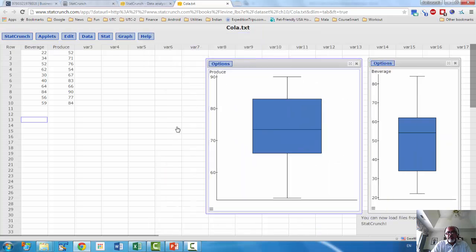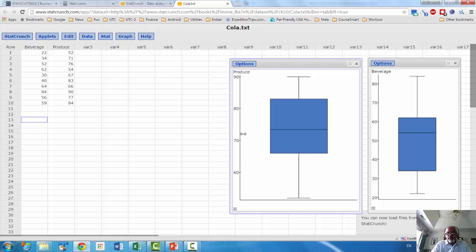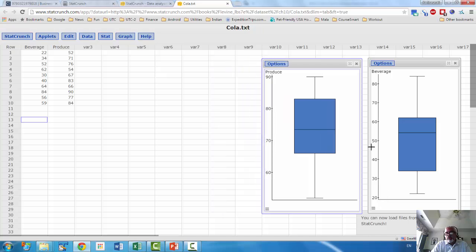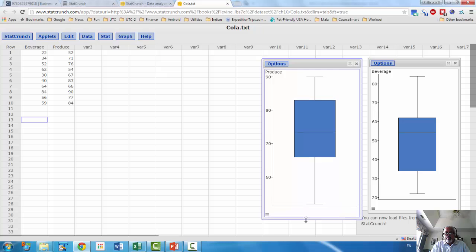Now to compare the two box plots, it's a good idea to make sure that the y-axis has the same range in both the plots. So this one goes from 20 to 80. Okay, let's make this also go from, this one goes from 0 to 90, so we'll have this go from 0 to 90 as well.